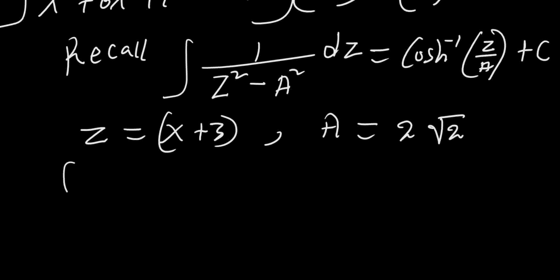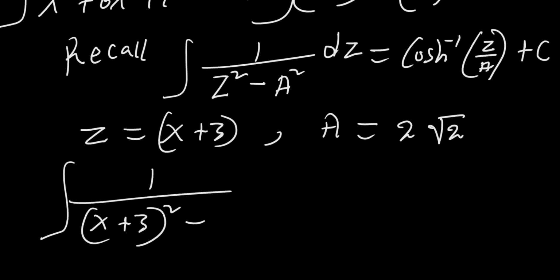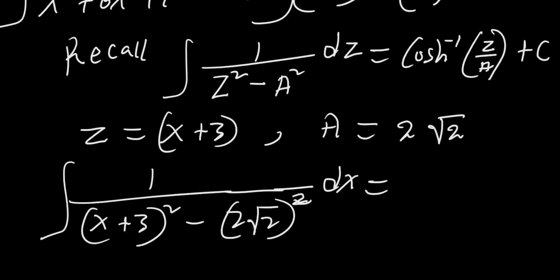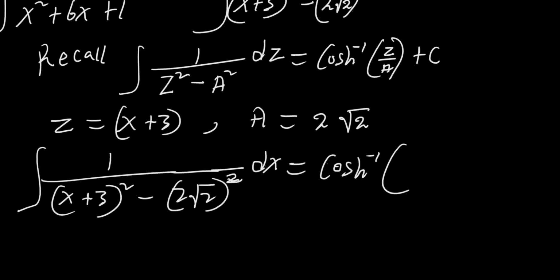Therefore, the integral of 1 over the square root of (x plus 3) squared minus (2 root 2) squared, dx, is equal to the reciprocal of cos h of (x plus 3) over 2 root 2, plus c.